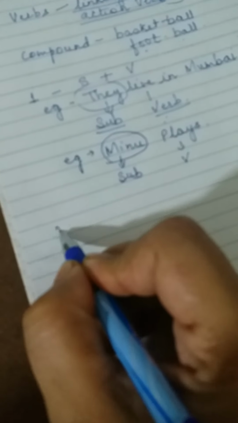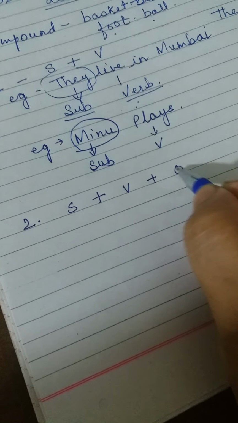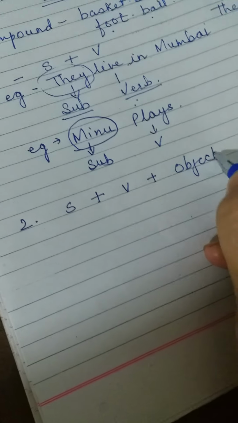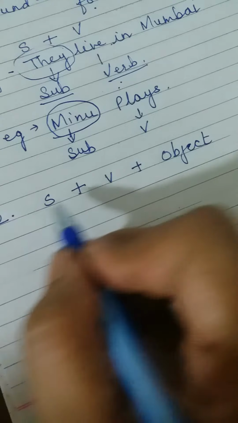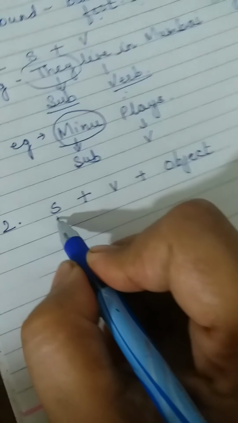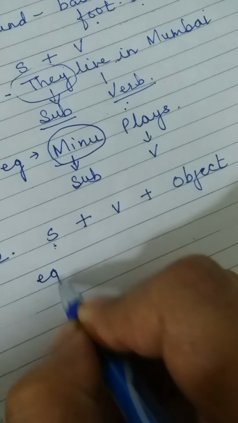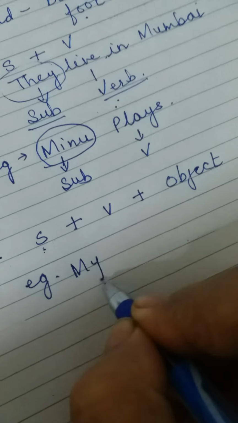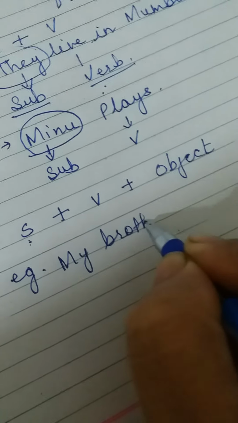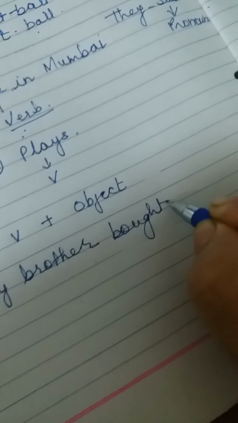Now the second pattern is subject plus verb plus object. Let us take an example: my brother bought a house.